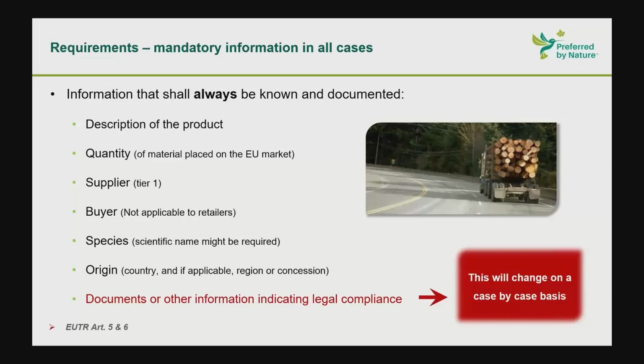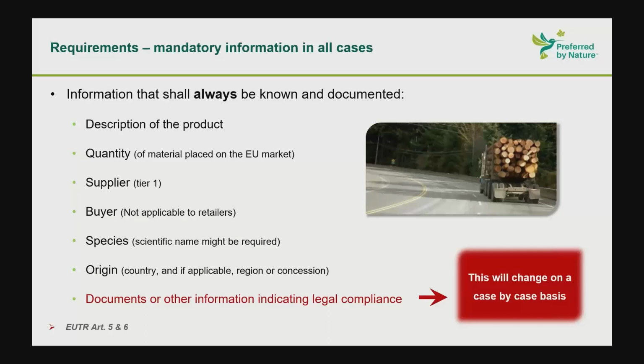So the forest, in which country are the forests that provided the timber resources. Region or concession of origin might be required, but not always. Okay, so species and origin are slightly more challenging than business information, such as description of the product and quantity.